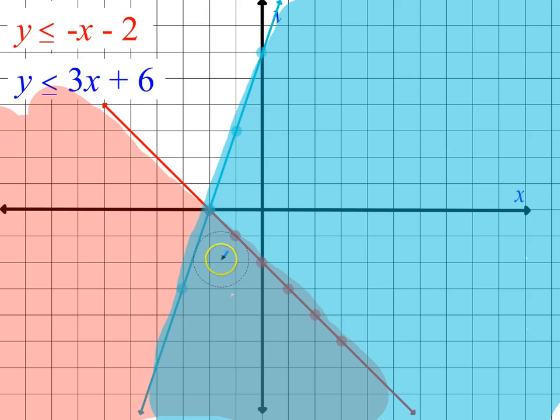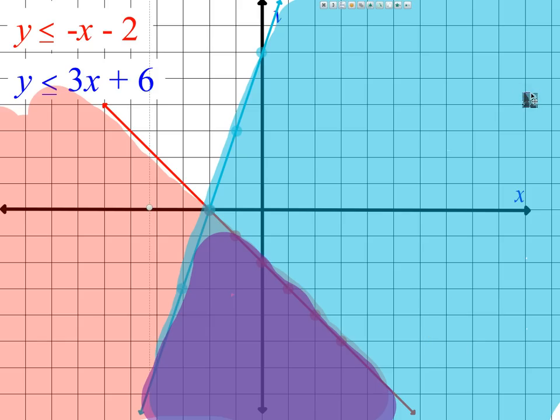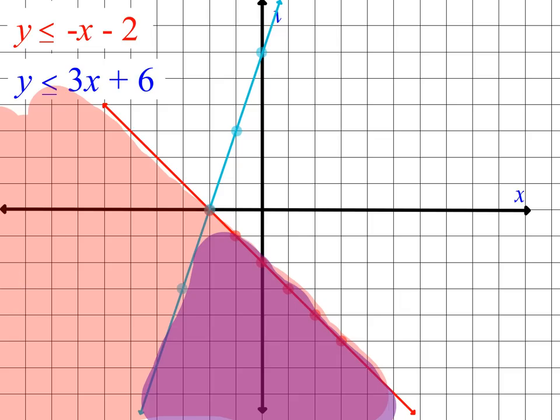I'll put this in purple. It's this area here. You can see there are two sections, and both sections intersect in that area. So I really wouldn't have to worry about this or this. I'm just talking about this area. Now you'll see when I do the next one, I'm going to do it a little differently than shading both sides. I'll show you now.